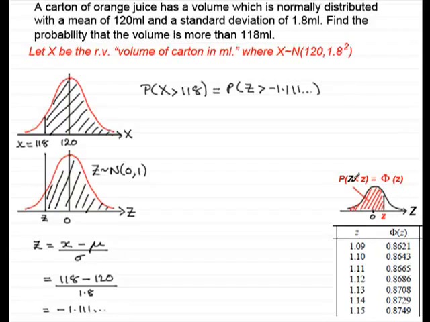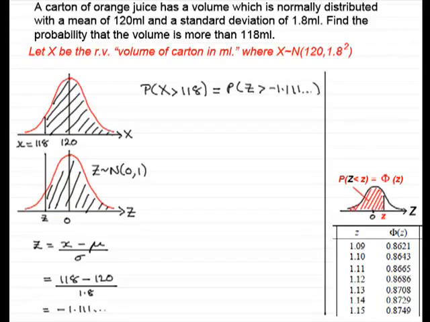Phi z is the probability of being less than any given value of z. But the only problem is that the tables generally just give the probability of being less than a z value which is to the right of 0, a positive z value. And here in this example we've got a negative value. So to get around this problem, let's draw a line down here and border this off.